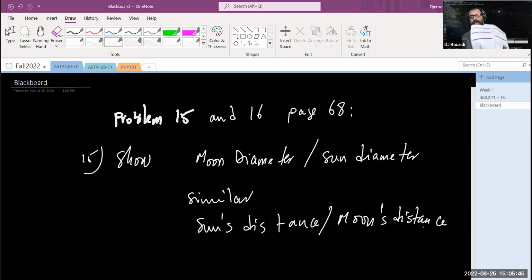Let me show you what I'm looking at in here. So this is basically how it looks in this book. If you have access to the book online, you're going to find where the appendix is, and it says appendix table 1. We need to pull from it the information related to the moon and the information related to the sun.